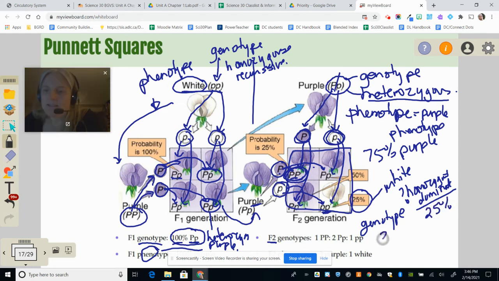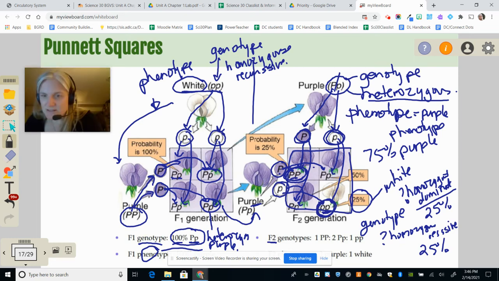Okay, what percentage are homozygous recessive? Two little p's, right? There's 25%. So what's the genotype of the other 50%?